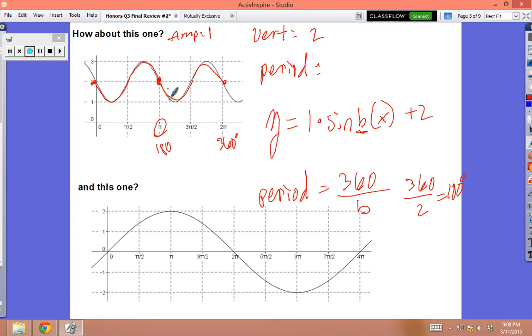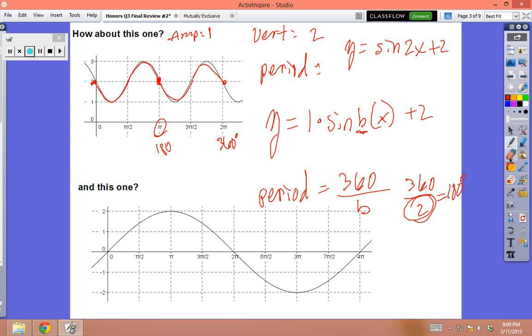It starts and stops, takes 180 degrees for it to cycle through. So my b must be 2. When it is a whole number, it's compressing it. But if it's a fraction, then it's stretching it out like this one below. So your function is y equals the sine of 2x plus 2.